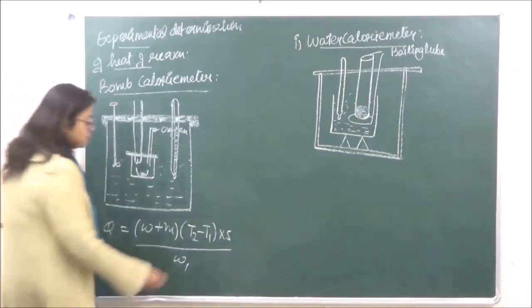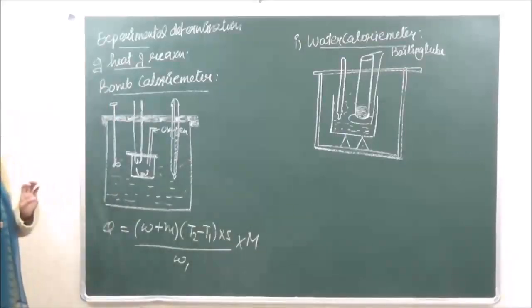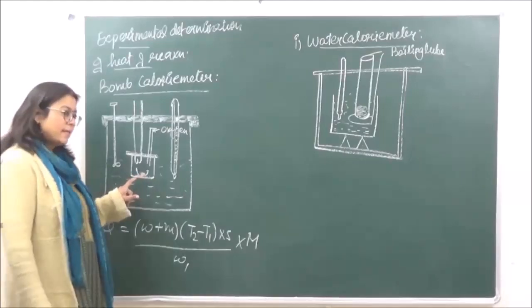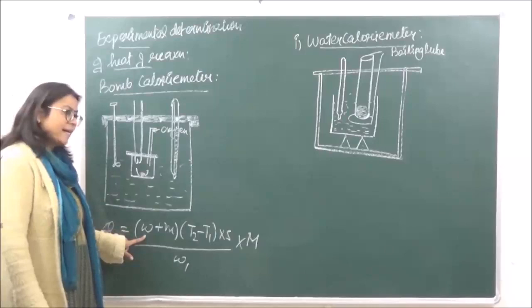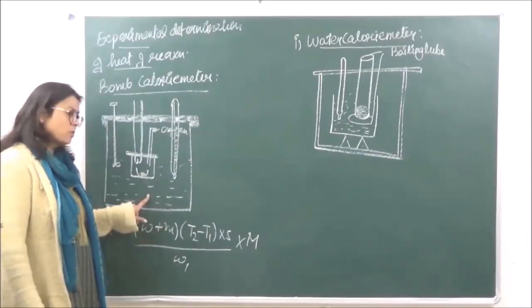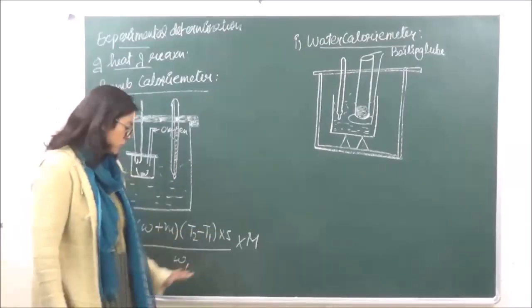W1 into M. M is going to be equal to the molecular mass of the substance which we have taken. ठीक है? So this is how you can calculate Q. W हमको पता है क्या है? That is the water equivalent. M is going to be equal to the mass of the water. T2 minus T1 temperature हो गए. S specific heat हो गया.